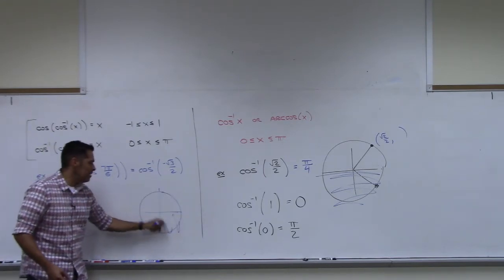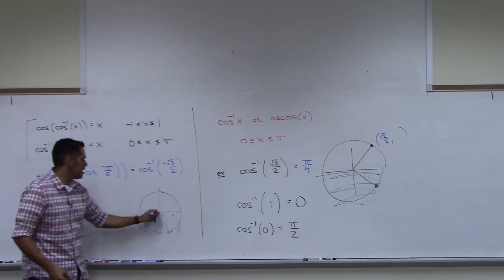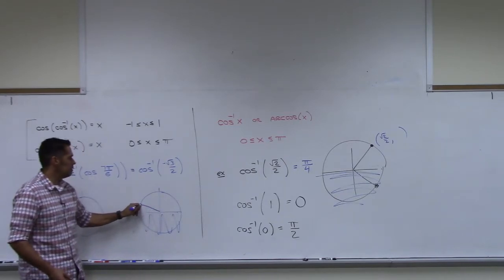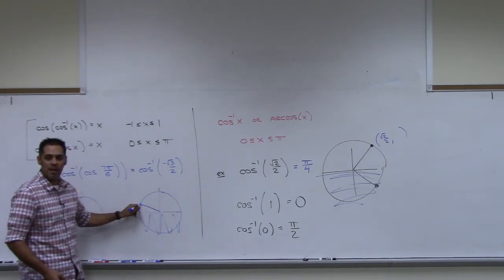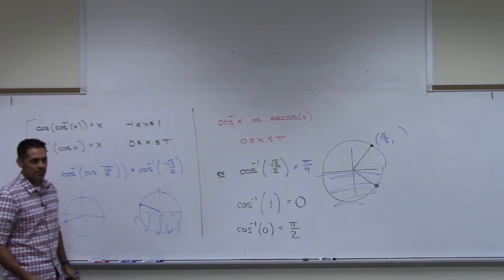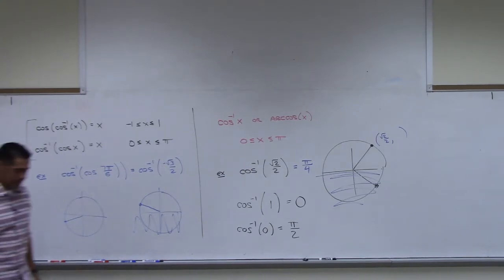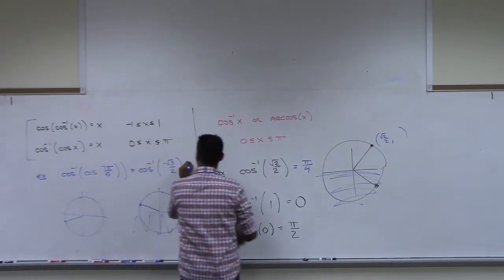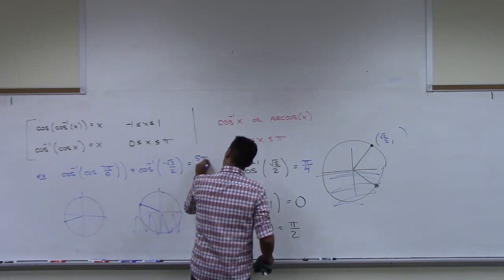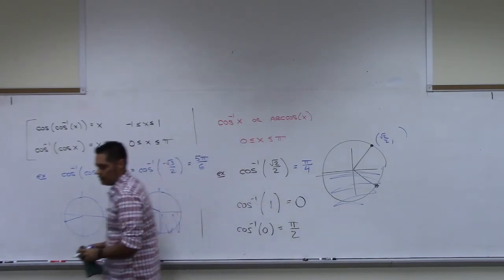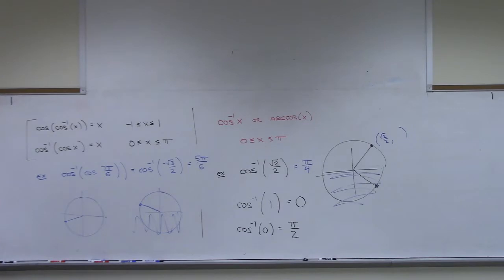But you can't be down here, so that's got to be here, right? What's that angle? 5 pi over 6. So you see how that can be a little tricky. Any questions on that? You're just going to have to get into the homework and mess with these a little bit before you start to feel real comfortable.